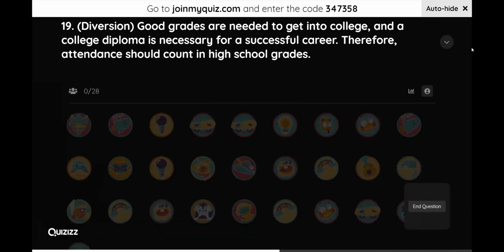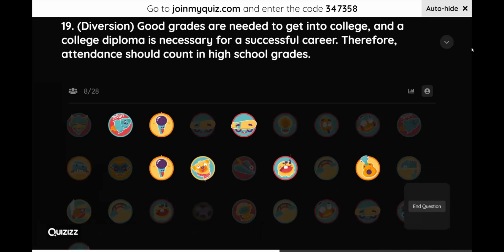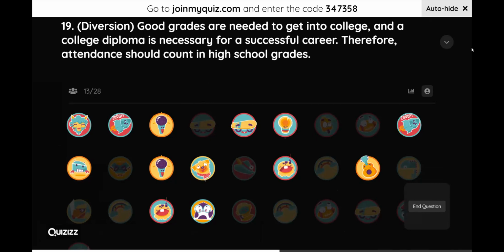819. Good grades are needed to get into college, and a college diploma is necessary for a successful career. Therefore, attendance should count in high school grades. So what am I concluding? What is my premise on this one? There's one word in here that's really sticking out.